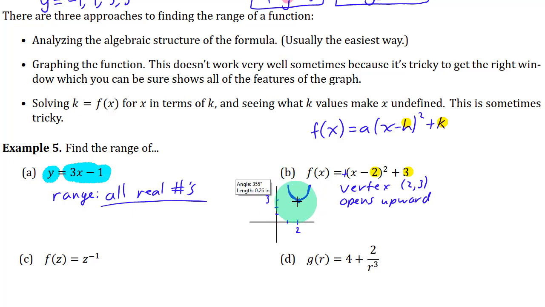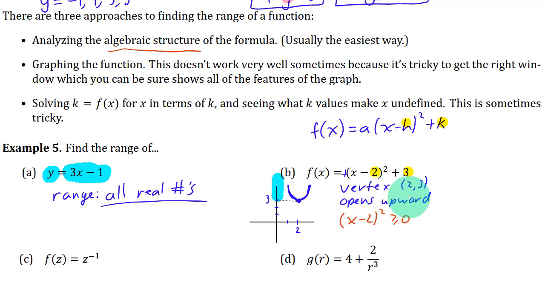What are the possible y coordinates that you can get out of these points? It's going to be anything that's 3 or greater. Another way to see this, if we're just looking at the algebraic structure of this formula, is that (x minus 2) squared is always greater than or equal to 0, no matter what x is.